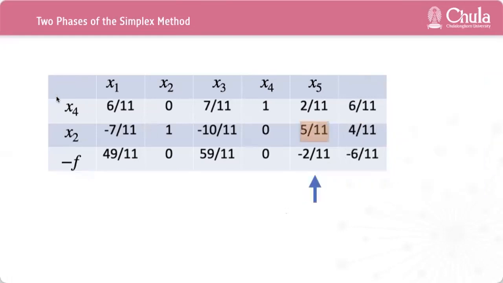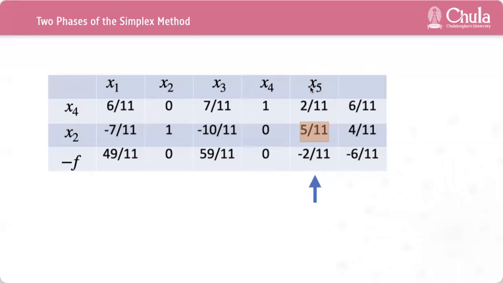So we have this table, and at this table you see that we have negative coefficient here, x5. That means if we introduce x5, we can improve our objective function, because this is phase 2 already. So we focus on minimization of the objective function, not minimization of W anymore, right? This is the only negative coefficient.